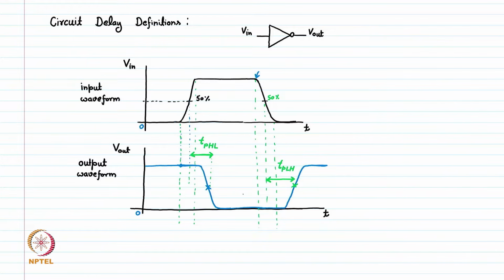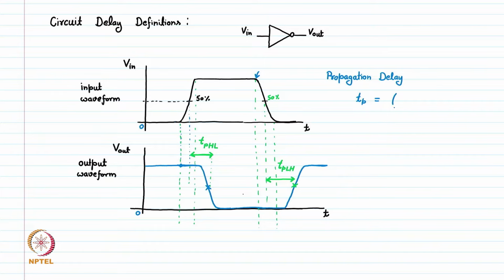So the overall propagation delay, how do we specify? So the propagation delay TP we write as the average of both of these values, TPLH and TPHL.